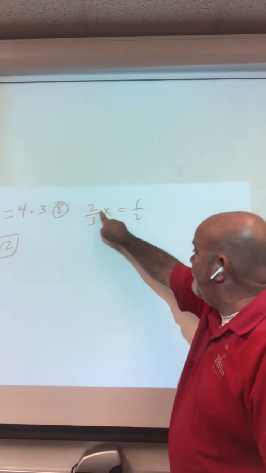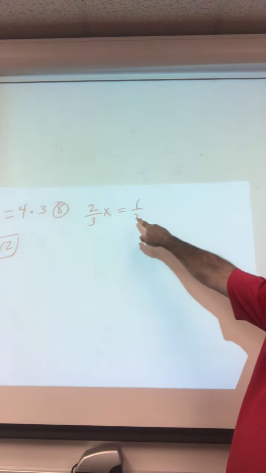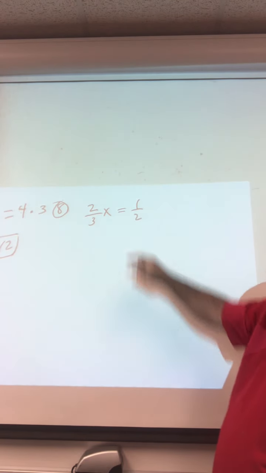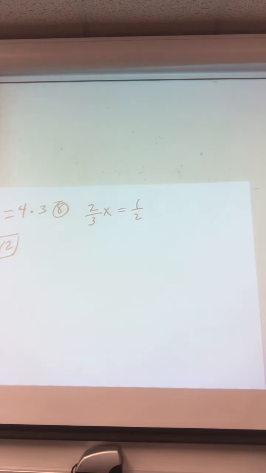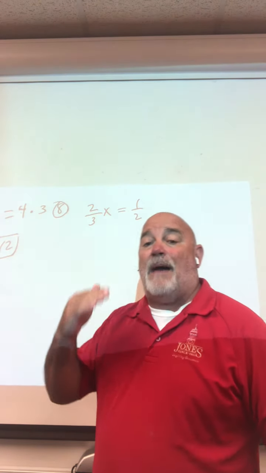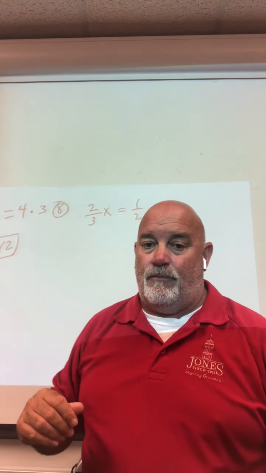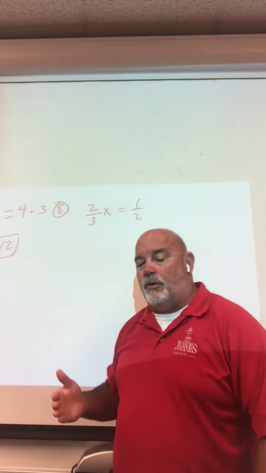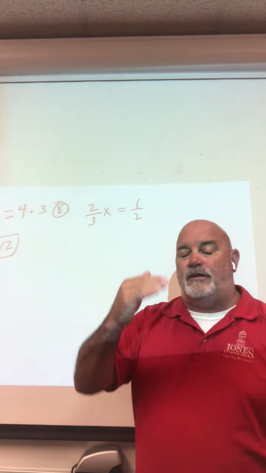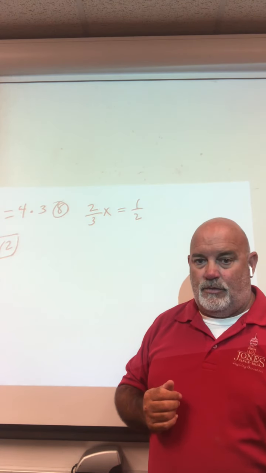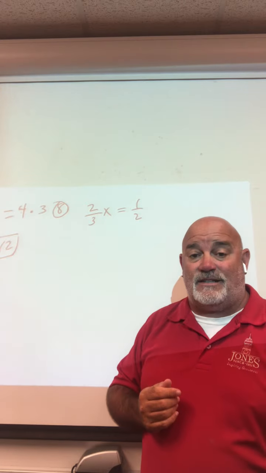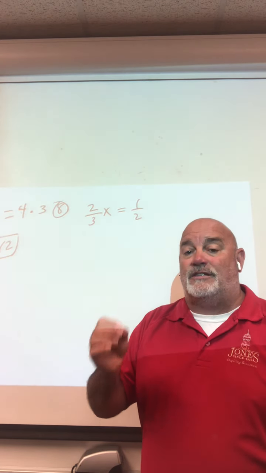So, I've got a dividing 3, and then I've got a dividing 2. So, if I want to get rid of a dividing 3 and a dividing 2, I'm going to have to multiply by a big enough number that they both cancel with. Well, tell me what number 3 and 2 both divide into. They both divide into 6. We call that the LCD.